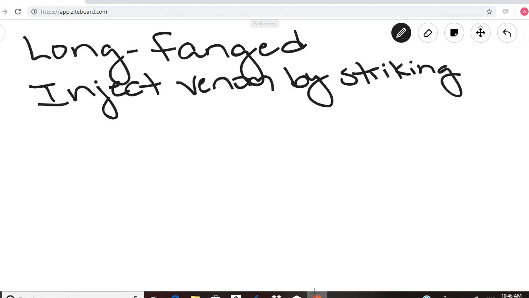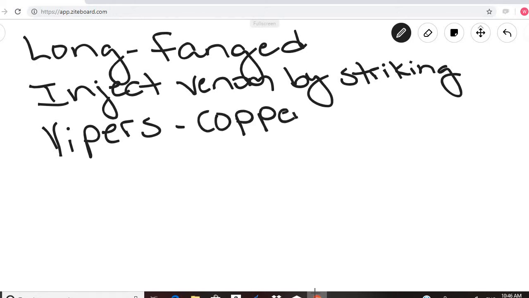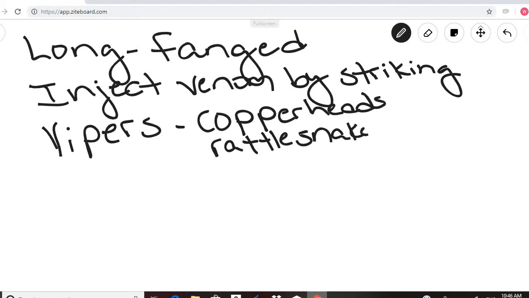So this would include the vipers, and vipers are copperheads, rattlesnakes, water moccasin is a viper.